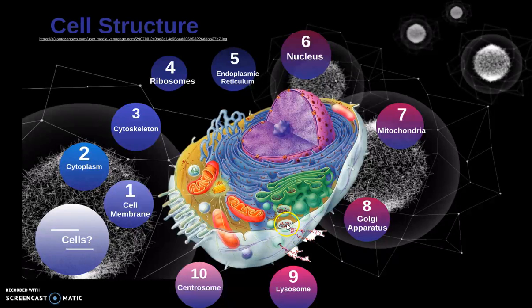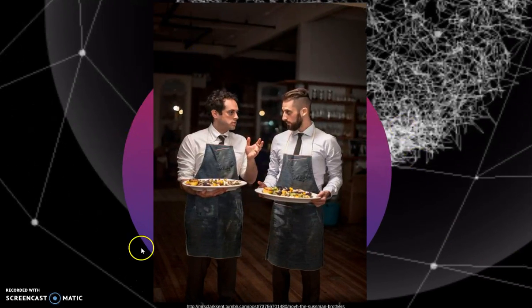It doesn't just have to be that. In our restaurant, these are our waiters and waitresses, because they determine where to send these foods, the proteins that the cooks make and that the ribosomes code for, and they send them to the tables they need to go to.